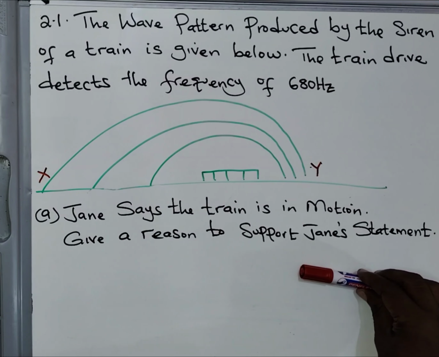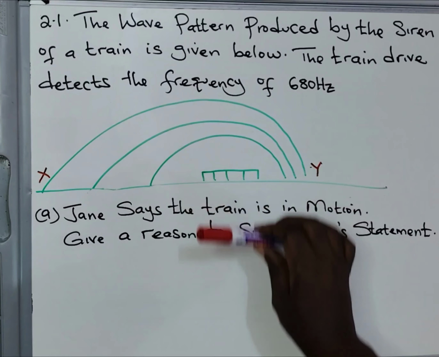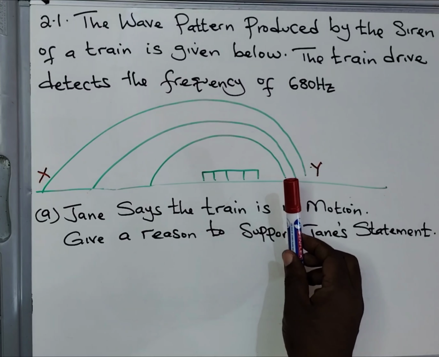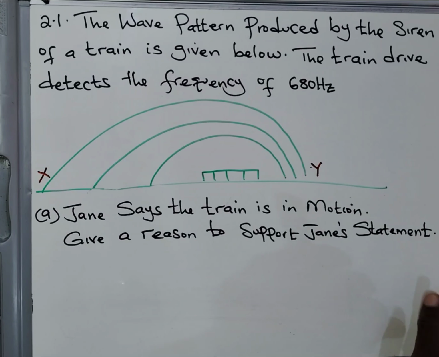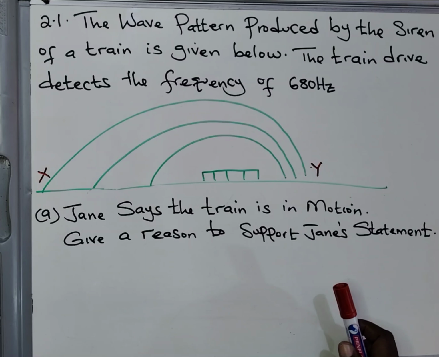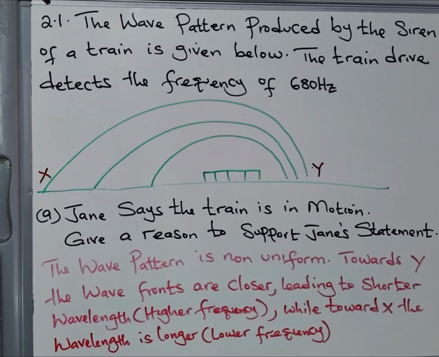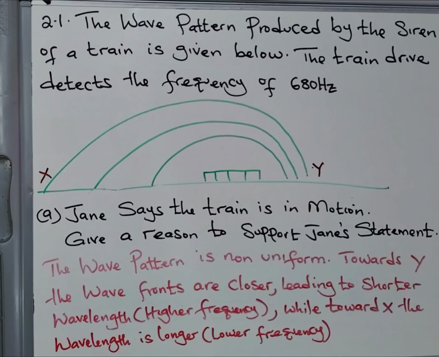The supporting evidence is coming from non-uniformity of the wave pattern, where on one side we are seeing shorter wavelength leading to higher frequency, and on the other side we see longer wavelength implying lower frequency. So that is it.